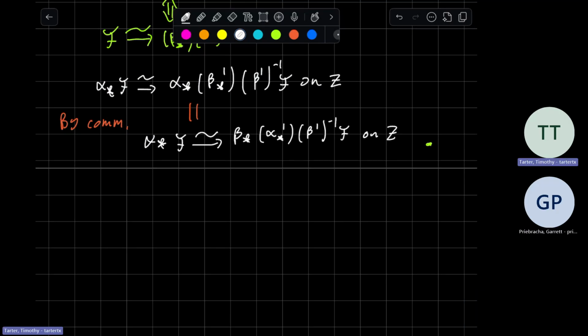So now we'll define the notion of a support.